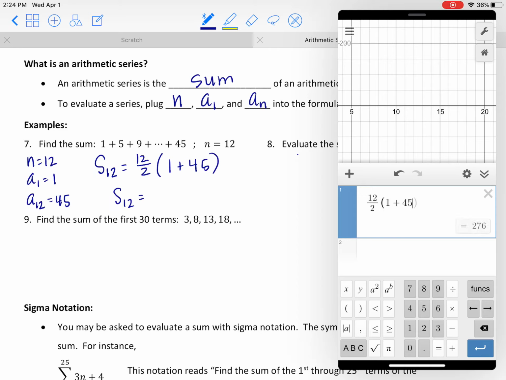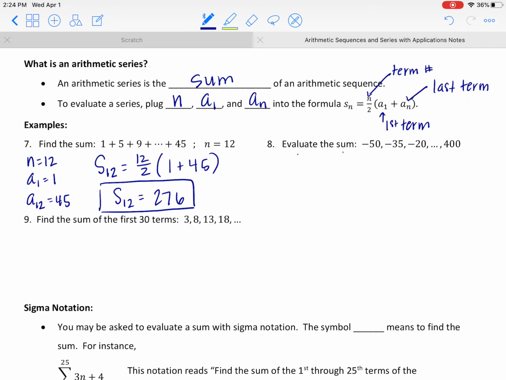So I know 12 divided by 2 is 6, but I'm just going to let my calculator do all the work. So 12 divided by 2, and then in the parentheses 1 plus 45 means the sum we're looking at is 276. So if I added those 12 numbers on that list, I would get a sum of 276.